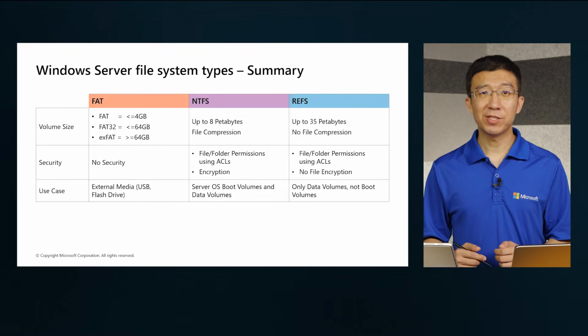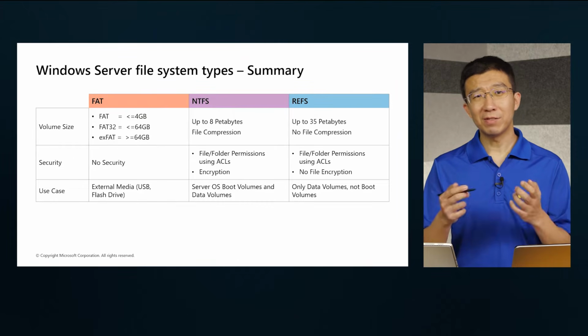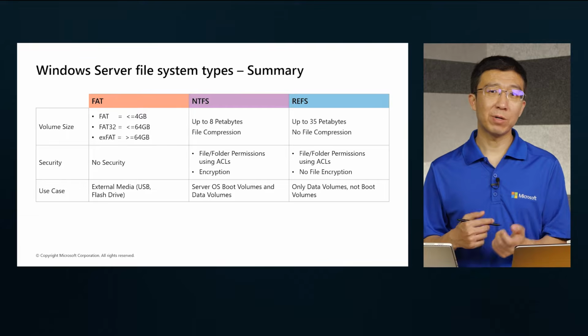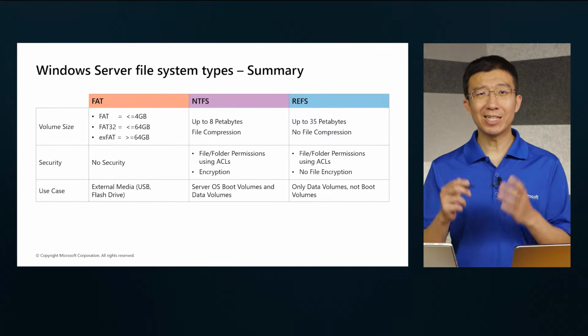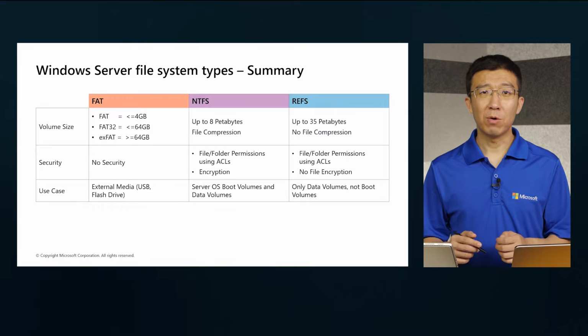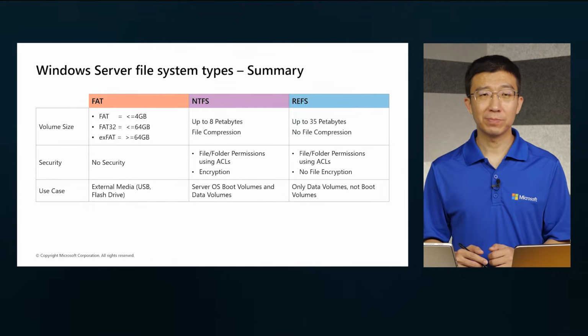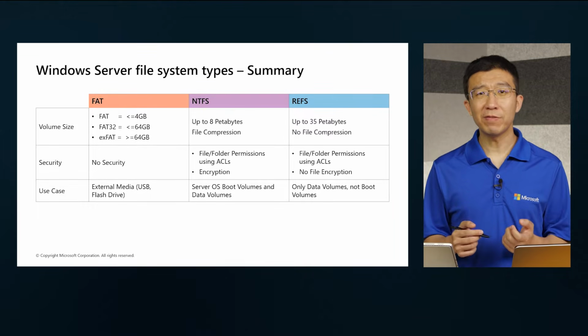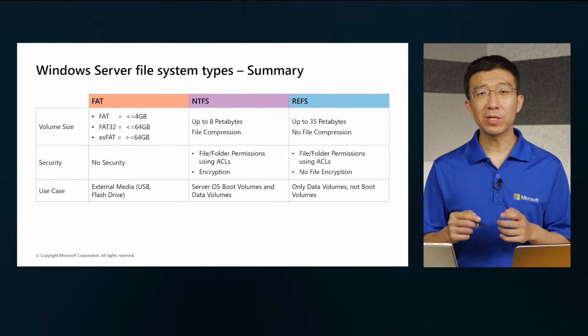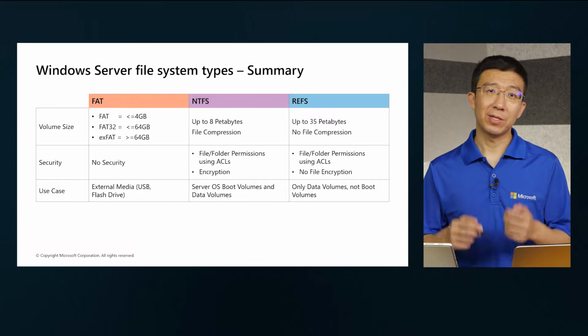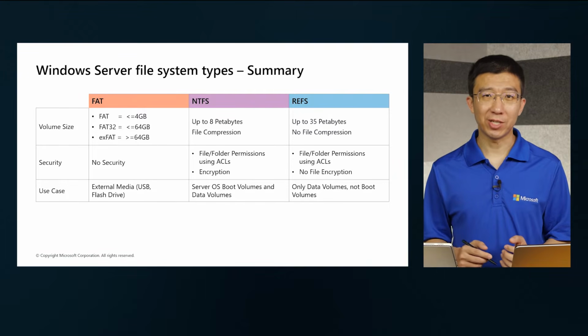ReFS is designed for resiliency and large data volumes, offering advanced data protection and support for very large files, but it doesn't support boot volumes or file-level encryption. Choosing the right file system depends on your storage needs, security requirements, and the type of data you're managing.